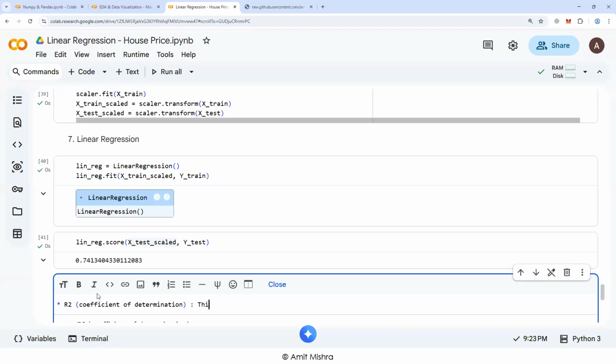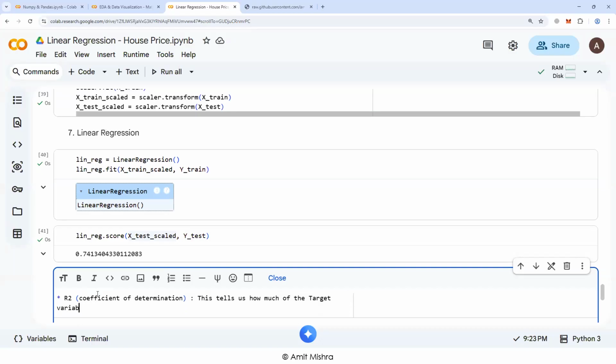This tells us how much of the target variability is explained by the model.